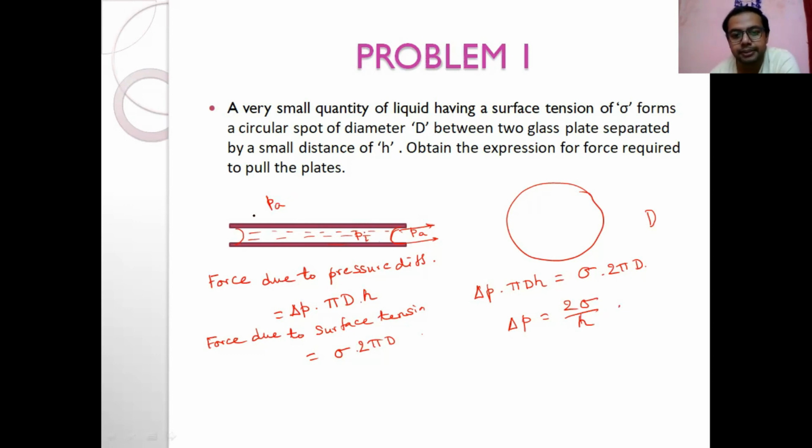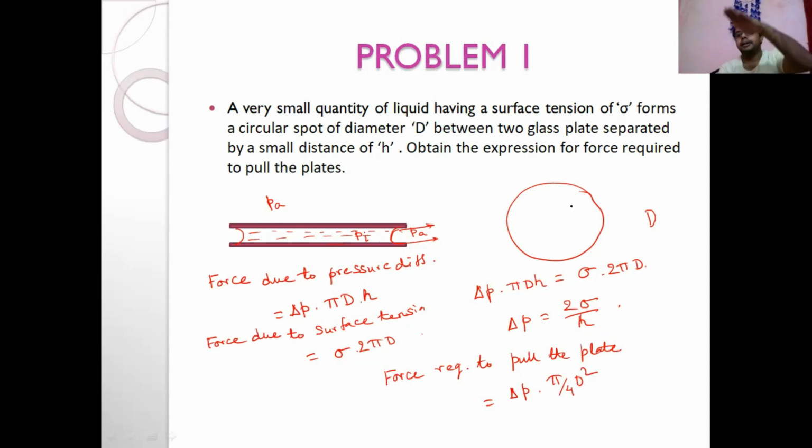Here also the pressure difference Pa minus Pi, the same delta P. So the force required to pull the plate is equal to, you have to overcome the pressure difference into the cross-sectional area. That is nothing but pi by 4 d square.